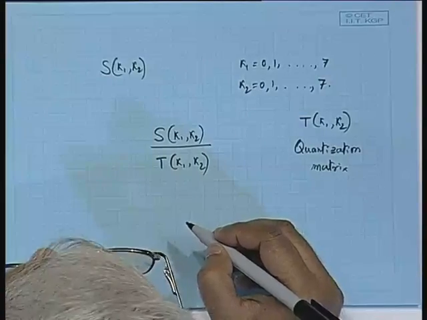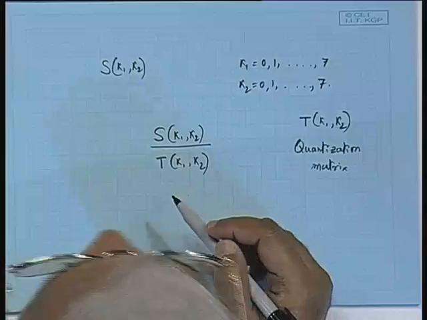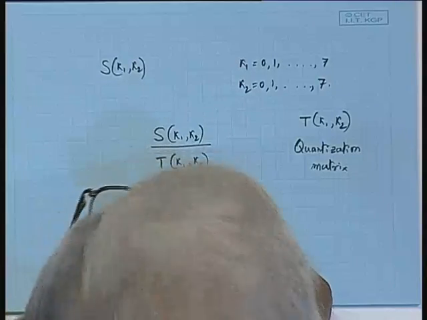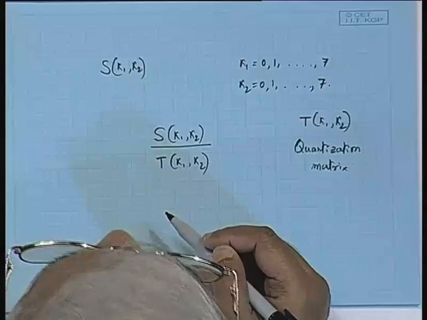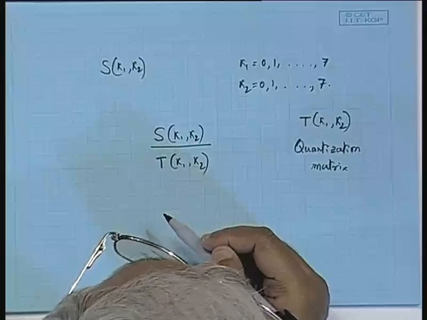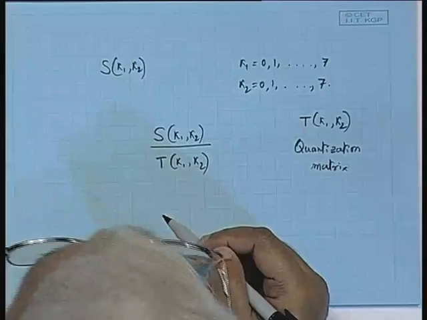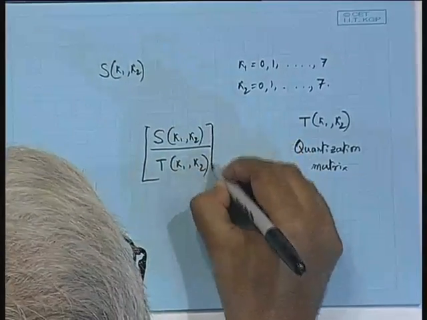Now, this S(k1, k2) is definitely a real number. You are dividing it by some matrix element, and the division is definitely going to be a real number. But if you want to represent it, if you want to quantize it, you have to truncate. So, you can truncate this quantity to the nearest integer.